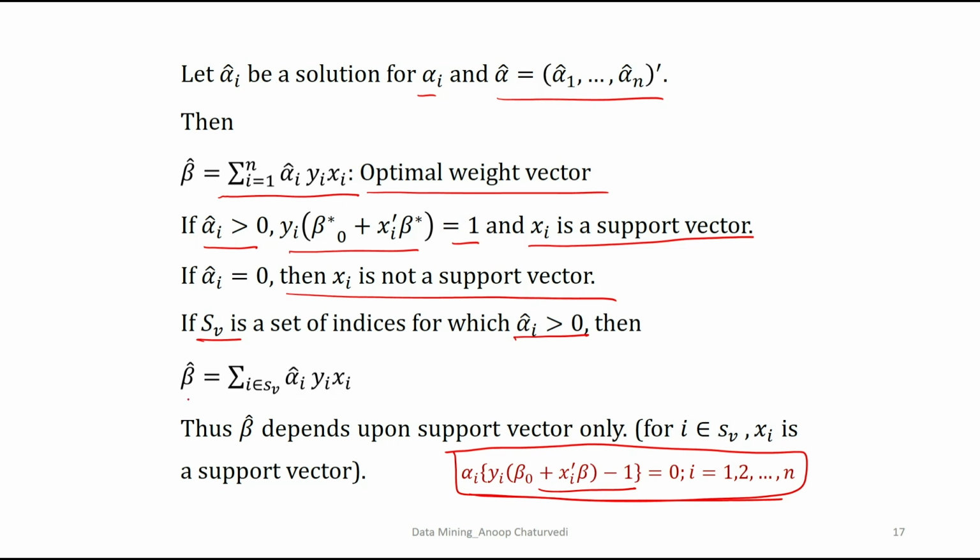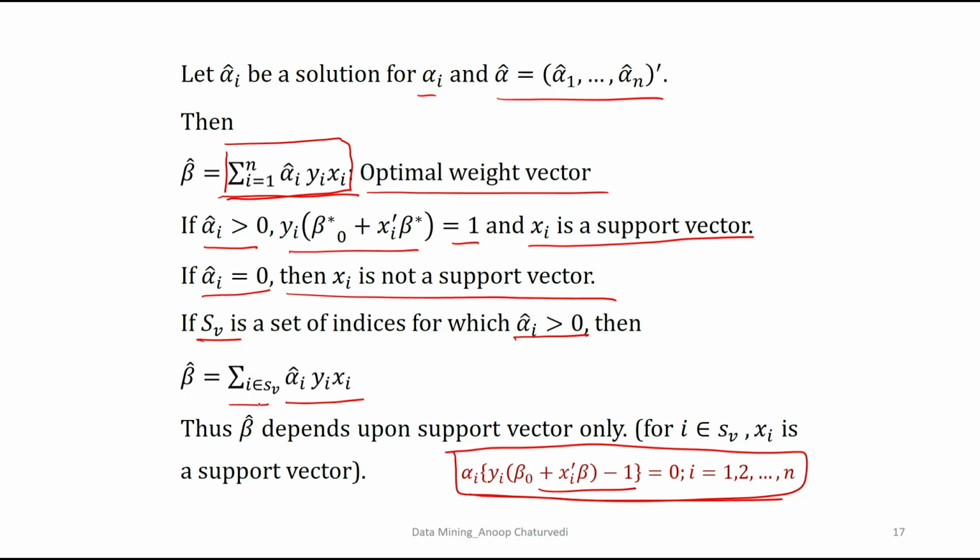Then beta hat is equal to summation i belonging to SV alpha i hat yi xi. Now, this is interesting. This is the expression for beta hat. But once we use the condition that if xi is not a support vector, then alpha i hat becomes 0, in this summation we only have those terms for which xi is a support vector.